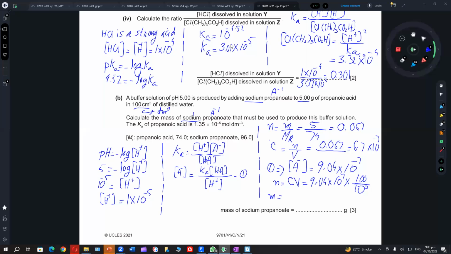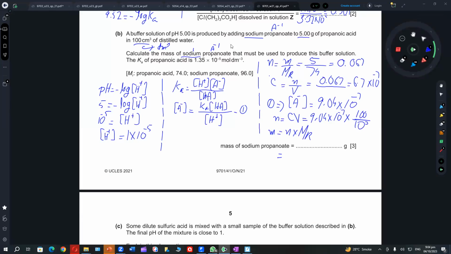They have given such a small space. It is very strange because the calculation is big. It will be 9.04 times 10 to the power of -8. So the moles will be mole into molar mass.